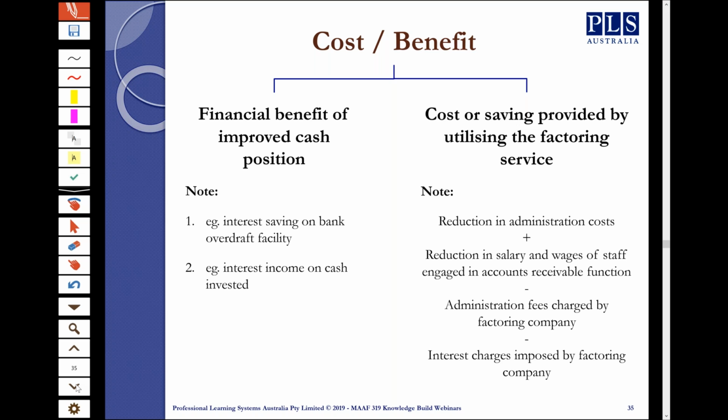Now, this is where I look at it from a cost benefit perspective. You've got to look at the financial benefit of your improved cash position. So that can be interest savings on bank overdraft facility, interest income on cash invested, by entering into factoring, versus the cost or saving provided. So your reduction of your admin costs, add your reduction in salary and wage, take on whatever administration fee is charged by the factoring company, take away whatever the interest charges are.